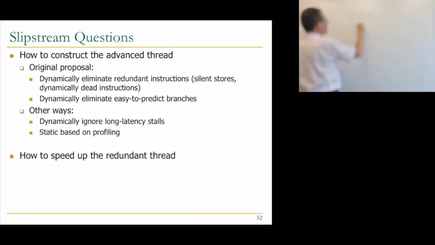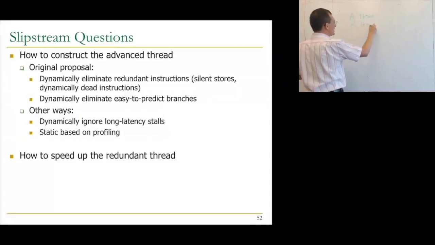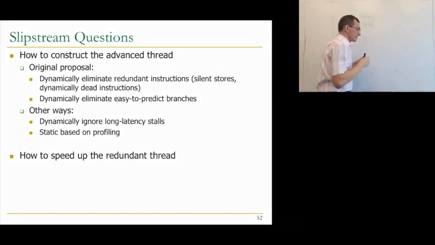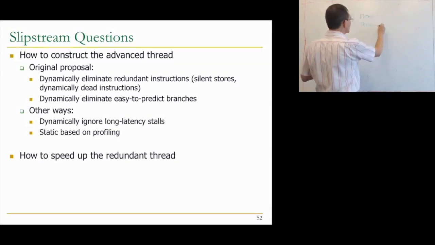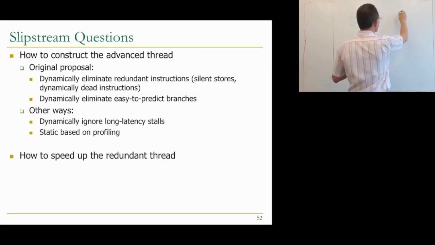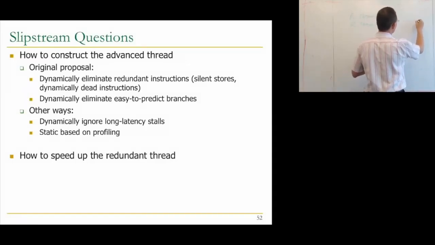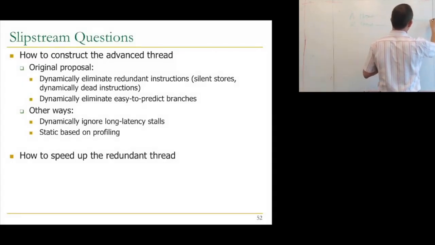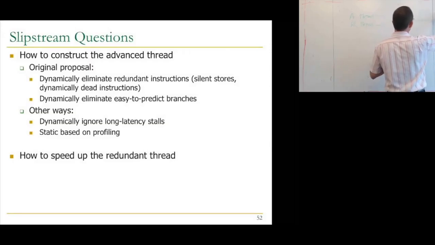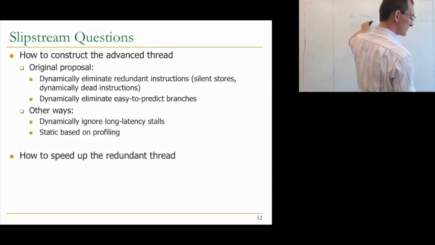This A thread executes instructions that are independent of the cache miss, and the R thread's job is to execute instructions that are dependent on the cache miss. So this is another speculative parallelization approach, Sun's Rock processor. We've already covered speculative parallelization with Sun's Rock processor. Their goal was to tolerate memory latency better, and the way they did it was through the advanced thread and redundant thread.